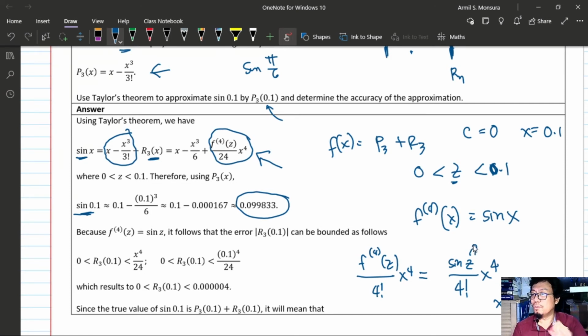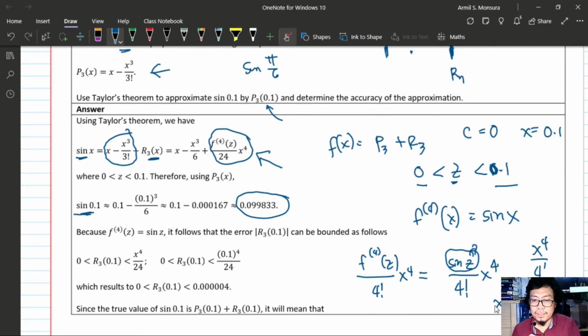But if you think about this, since z ranges from 0 to 0.1, and we don't know what z is, the upper bound, the maximum error that you can incur, since sin of 0.1 in the worst case is just a decimal, would be x raised to 4 over 4 factorial.